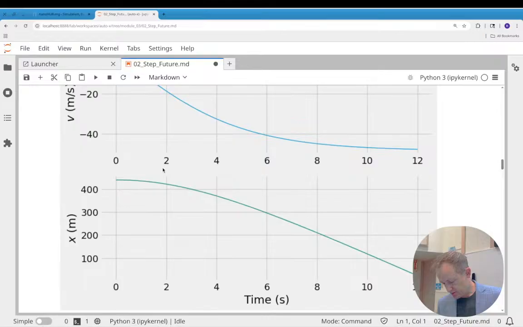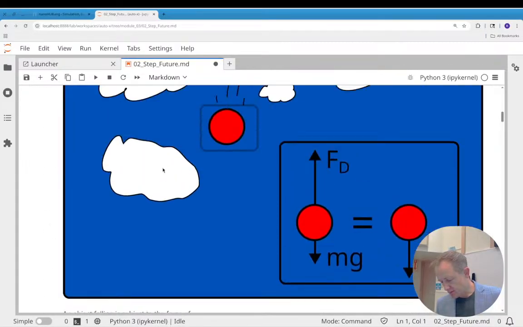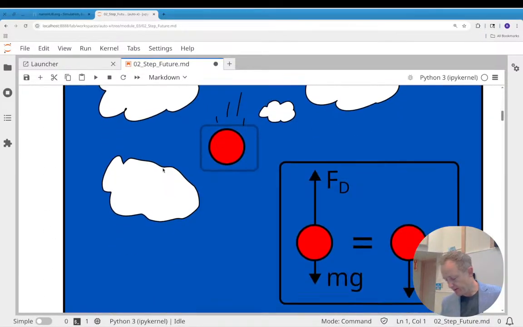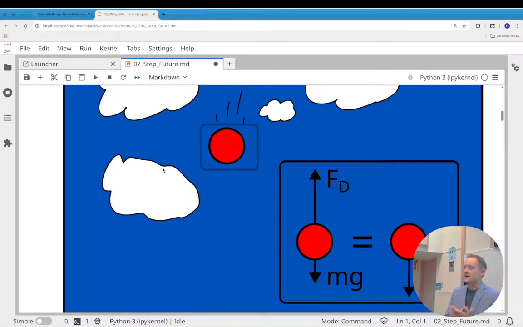This example is like free fall, where acceleration is a function of velocity. You could even have drag, spring force or friction. You can add whatever forces you want, as long as you know acceleration as a function of position, velocity and time.